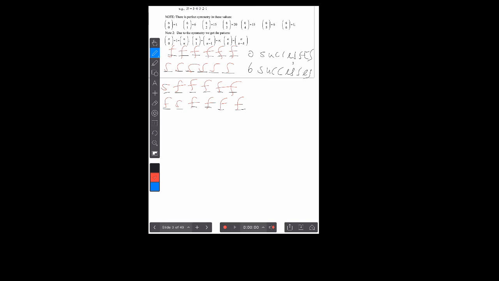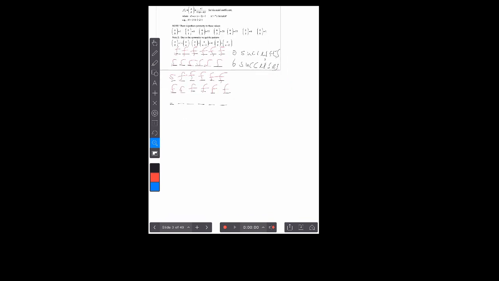By cycling through the success, you can see that you're going to be able to move S through 6 different positions in the outcomes. So there's just going to be 6.